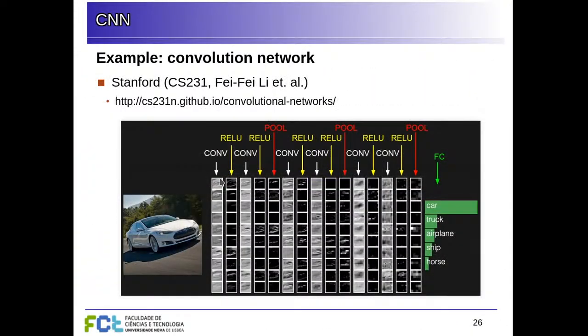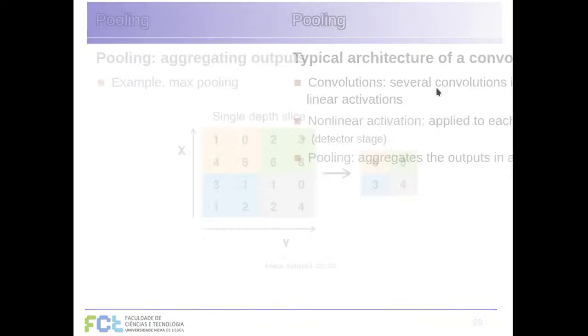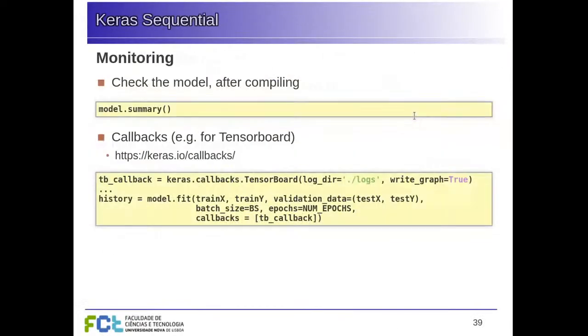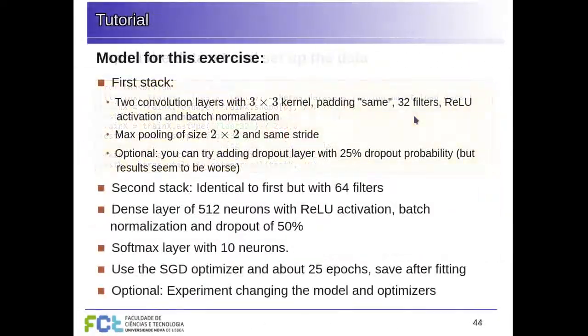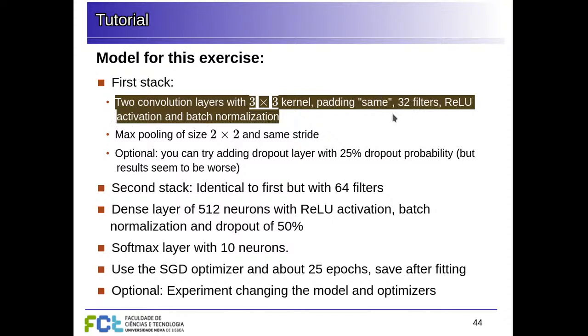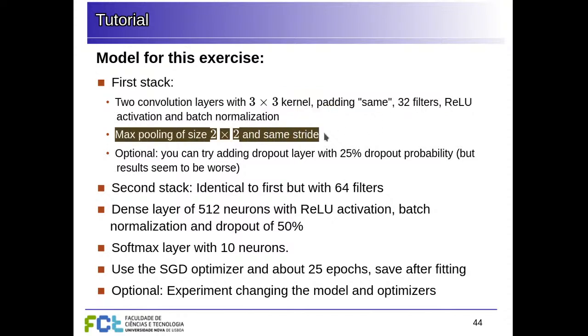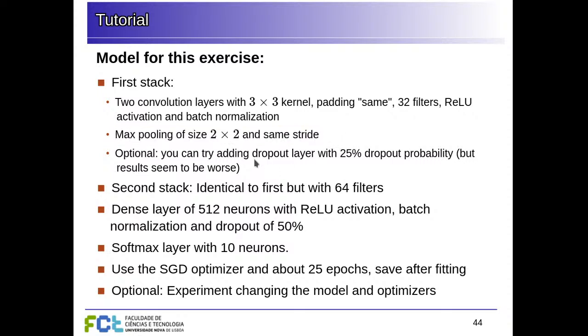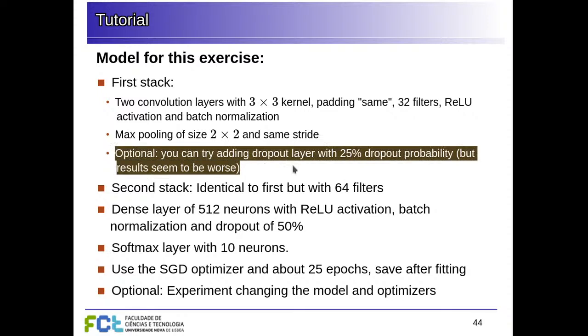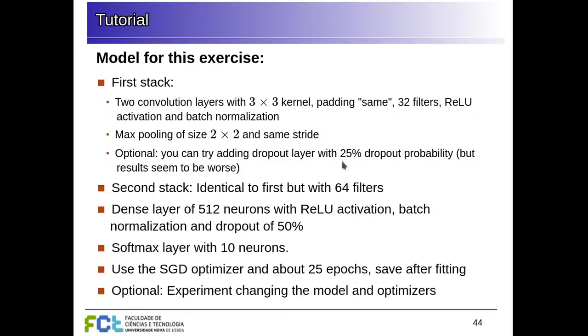You see where you have 2 convolutional layers and then you have pooling. We're going to do the same thing. So I recommend you start with this model where you use 2 convolutional layers in this way, and then you do max pooling of size 2 by 2 with the same stride. So by default, the stride will be the same. And optionally, you can experiment adding a dropout layer after pooling. But remember that dropout is not generally very good with the convolution layers.